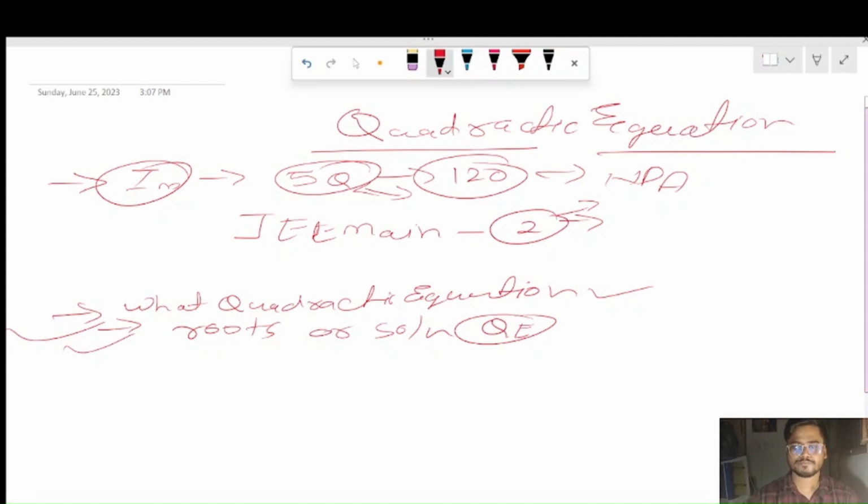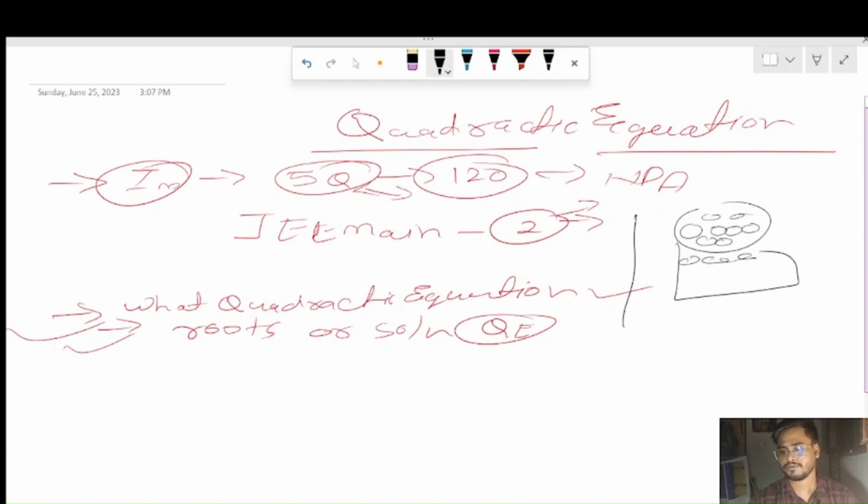So let's find out what an expression is. Suppose there are too many apples in this bucket which we cannot count just by seeing them. So we suppose there are X apples.